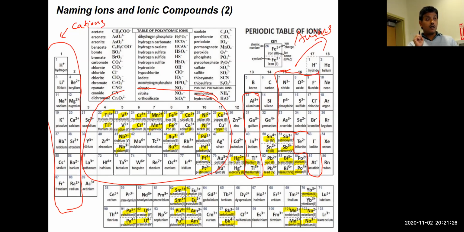You don't have to include the cationic charge whenever you're referring to any metal from group 1, group 2, and group 3, except thallium here, which has the charge here. All of these have fixed charges, so you don't have to use a separate Roman number. But for any other metal, you have to include the charge so that people are aware that this is not reliable, and that's why the charge was included.